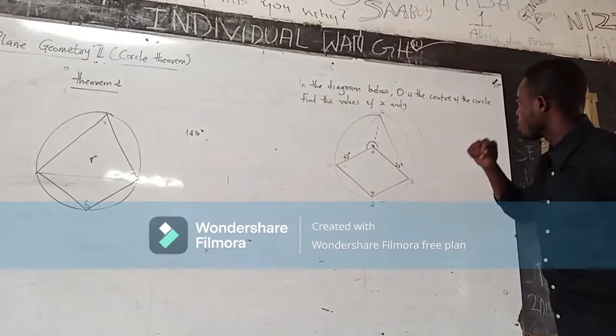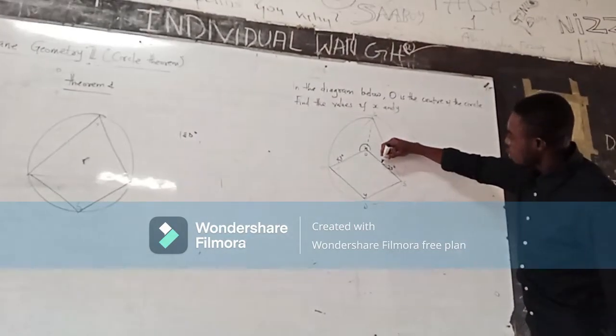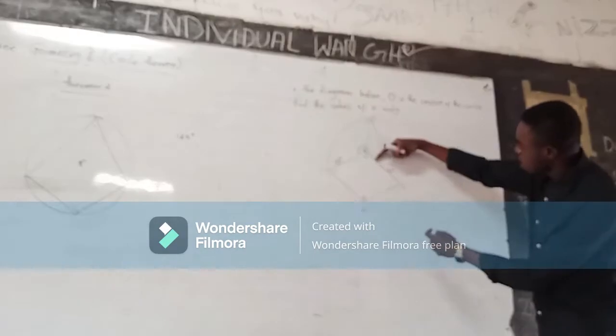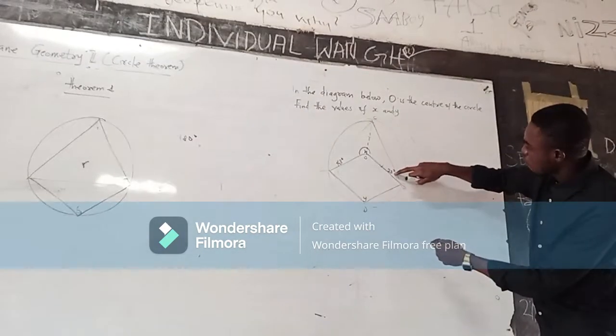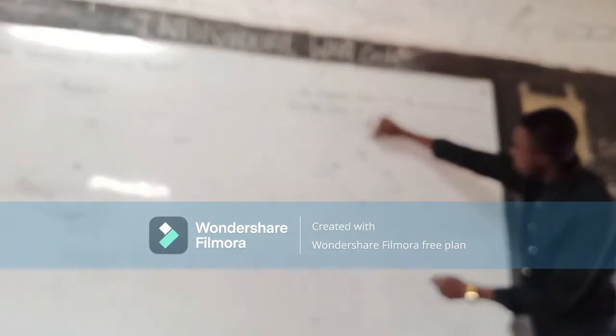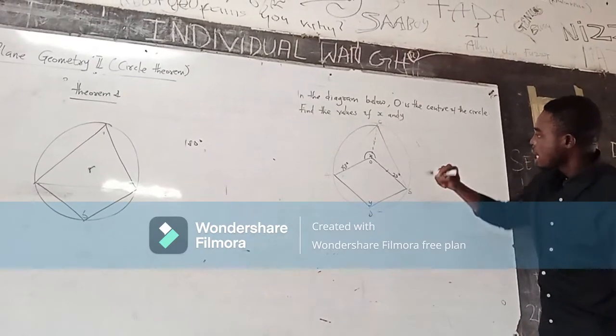This one is also a radius, and this one too. If it is a radius forming an angle of 23 here, then since the triangle is isosceles, this place is going to be equal to that. That is one secret.